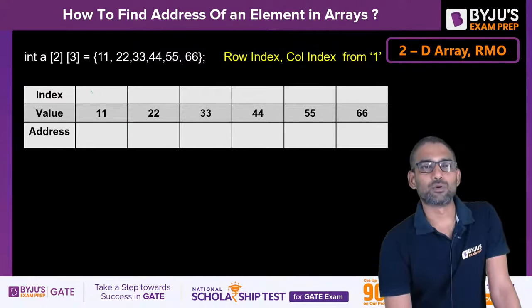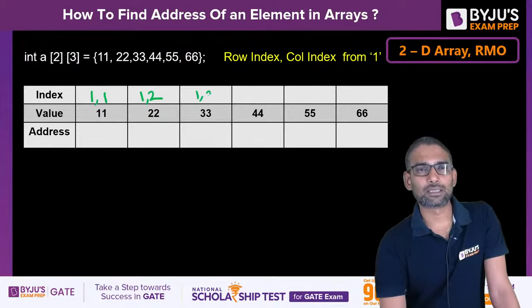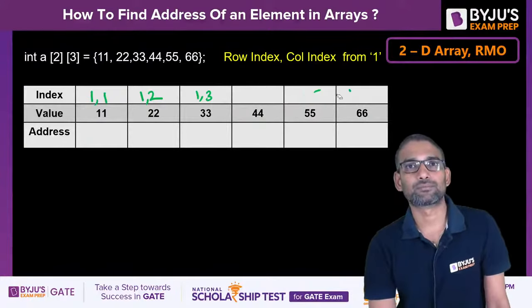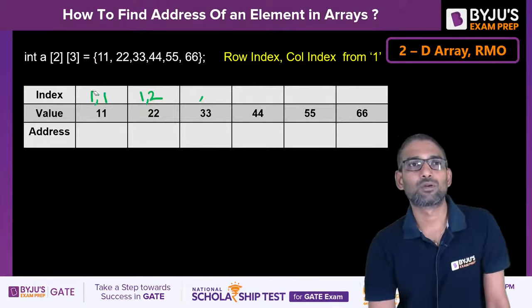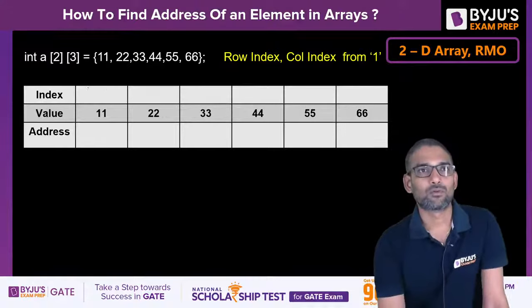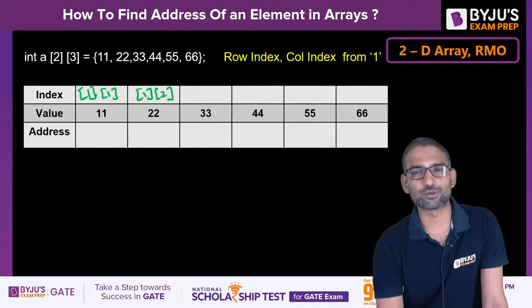So row index and column index both are starting from 1. Oh, sorry. Two rows, 3 columns, no? 1, 1, 1, 2, first row, second column, first row, third column.